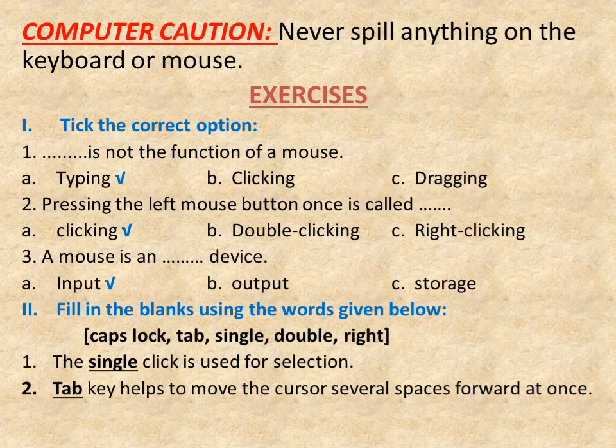Second question is fill in the blanks using the words given below. First is the dash click is used for selection. The answer is single. Second is dash key helps to move the cursor several spaces forward at once. Tab key.